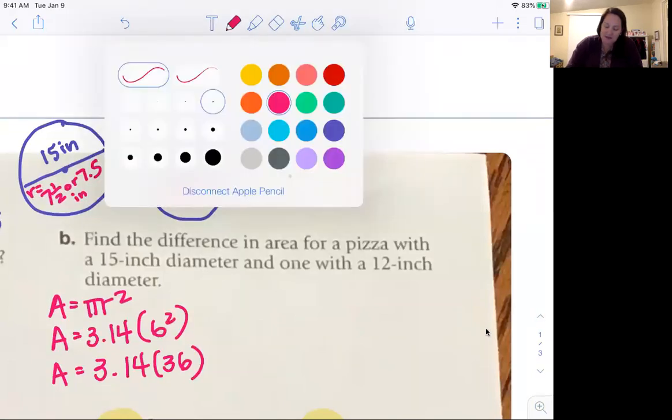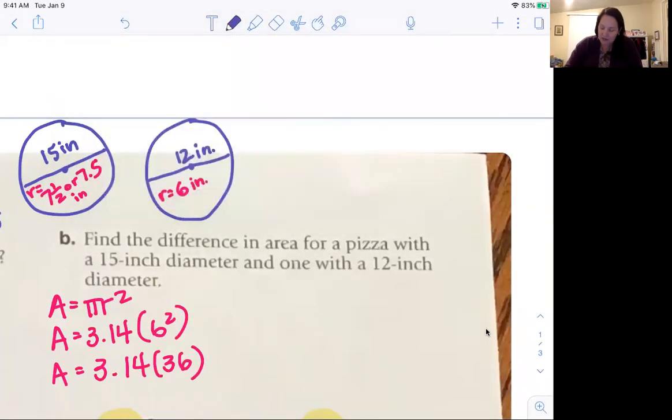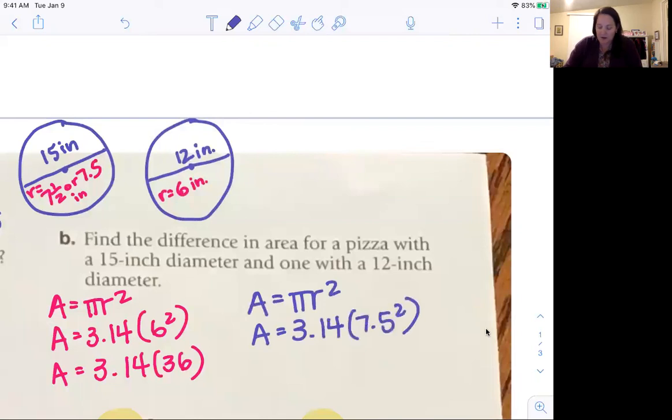Okay, let's write out the second one and then we'll do the subtraction in a minute. Area equals pi r squared. Area equals 3.14 times 7.5 squared. Area equals, what's 7.5 squared? Let's see, 7.5 times 7.5. 5 times 5 is 25.